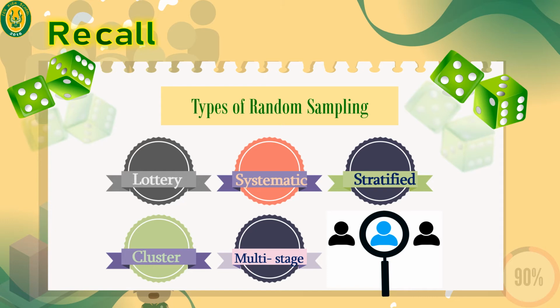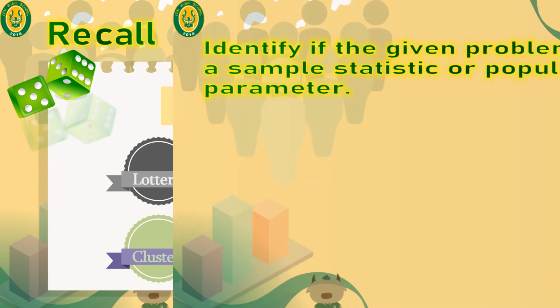So you combine stratified and lottery random sampling. Or maybe you could combine stratified and systematic. So you have different strata, and then you select systematically by getting only the even data or the odd data. Okay, so that's it for the types of sampling.